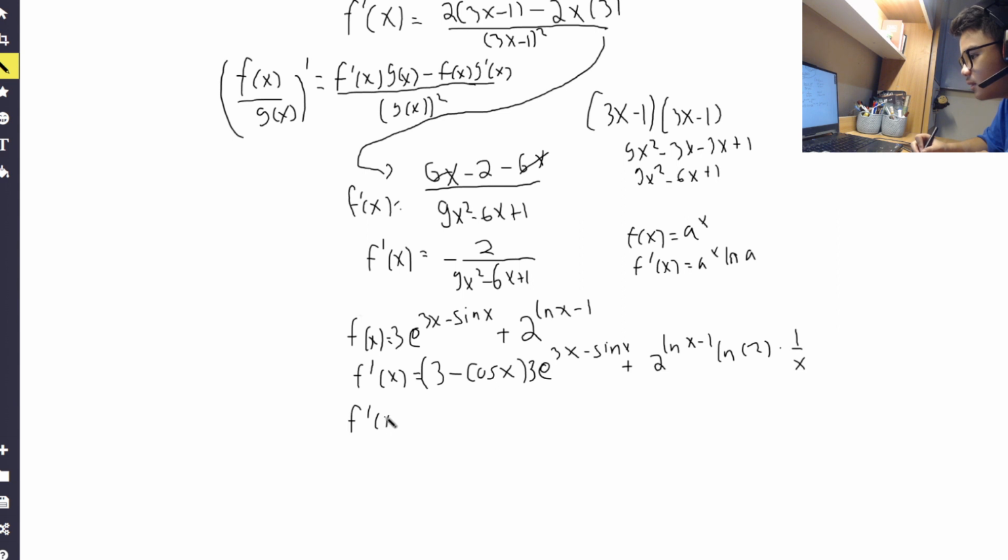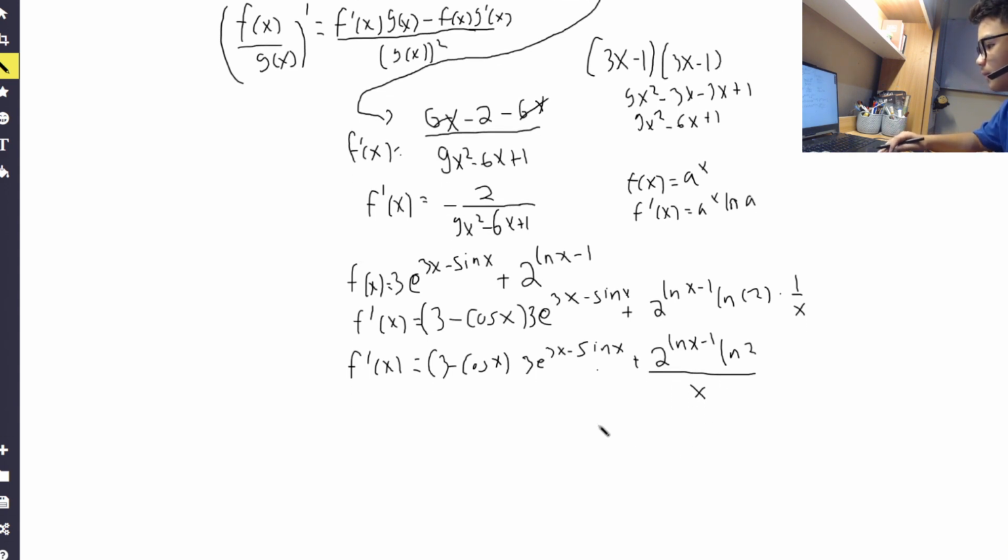So f'(x) will be 3e to the 3x minus sine x times 3 minus cosine x, plus 2 to the ln x minus 1 times ln 2 over x.